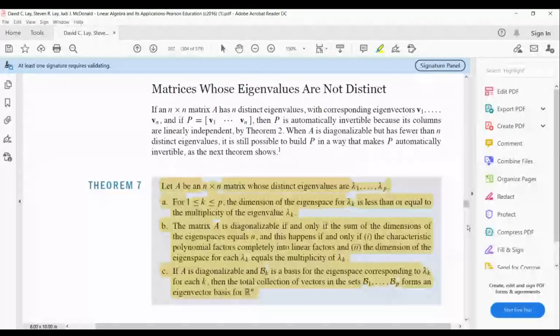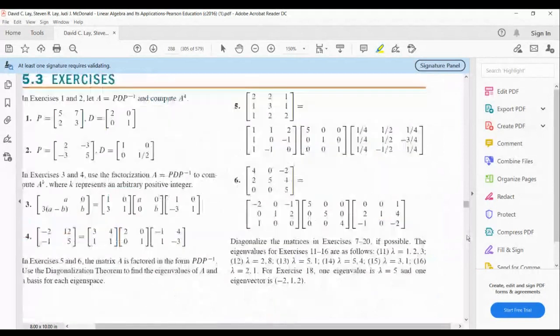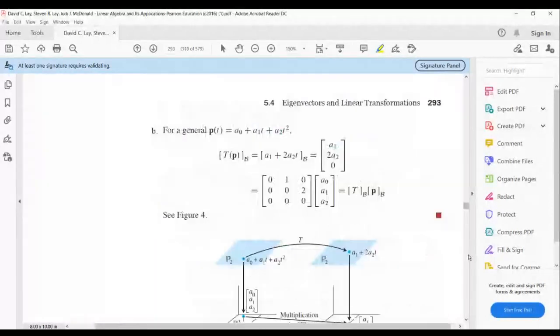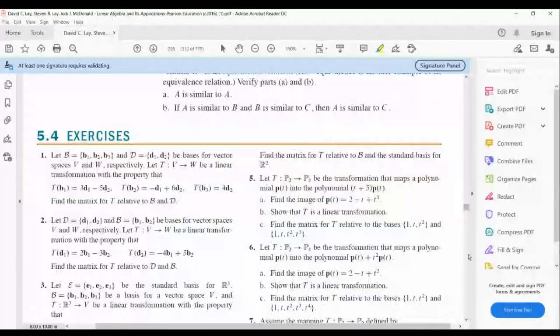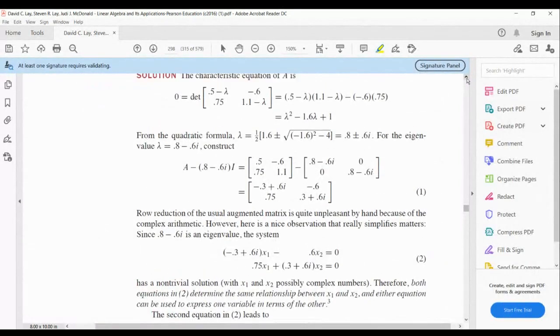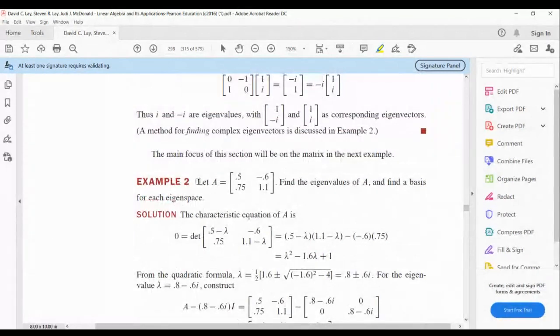There we go. So they do an example in the book, example 2 here, where they have decimals for the matrix A. And that's okay. You've seen a lot of integers, but decimals are okay.